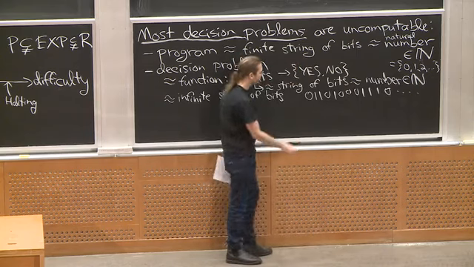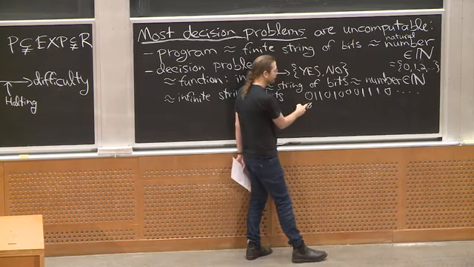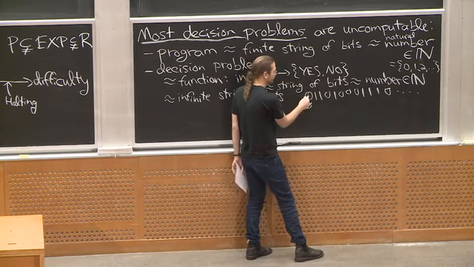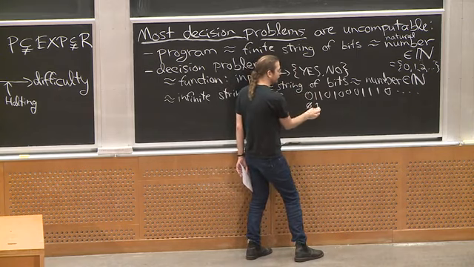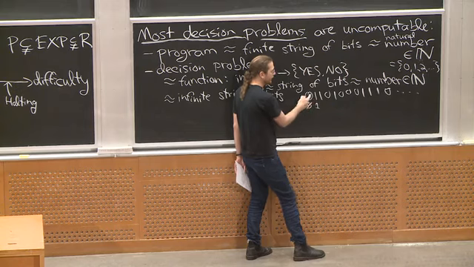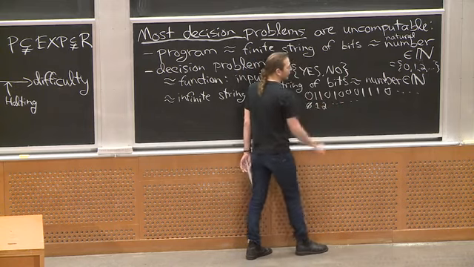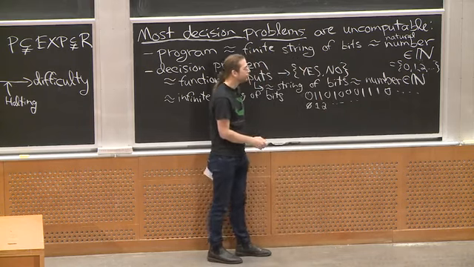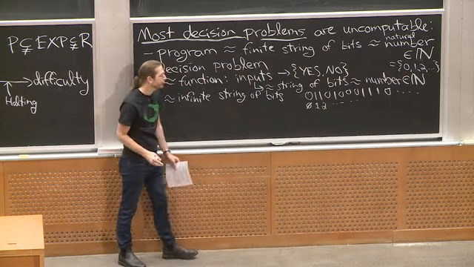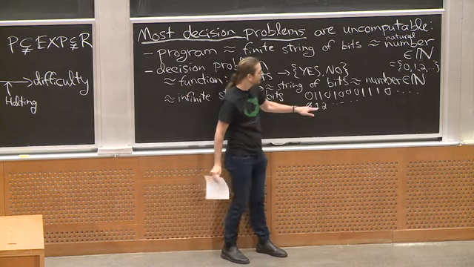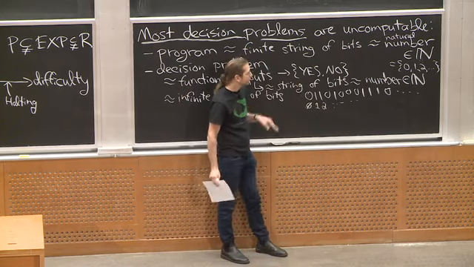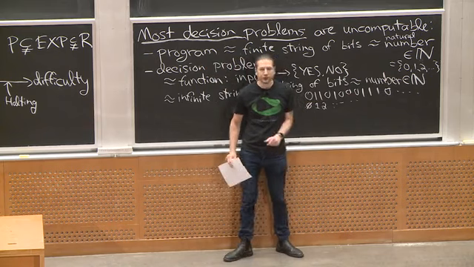For every string of bits, we can say, OK, if your input is the number 0, here's the answer, no. If your input is the number 1, then the answer is yes. If your input is the number 2, your answer is yes, and so on down this line. Every infinite string of bits corresponds to exactly one decision problem, which specifies for every possible input integer, which corresponds to a string of bits, what is the answer, yes or no.